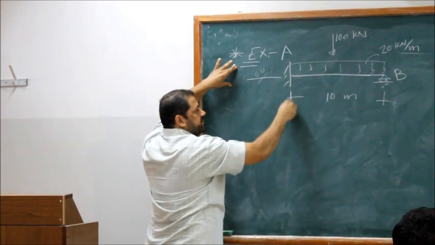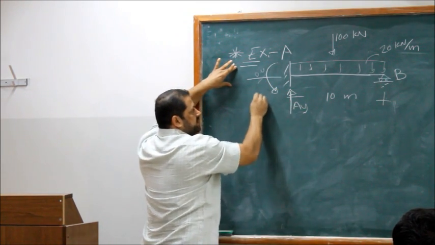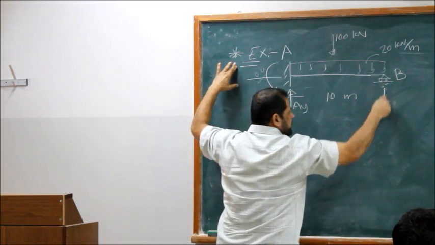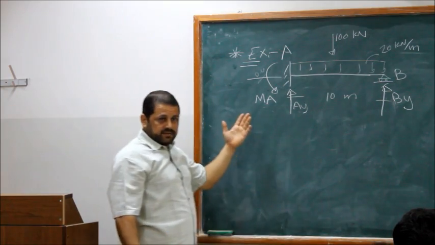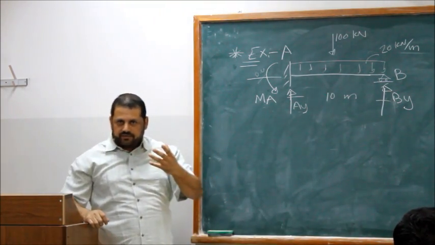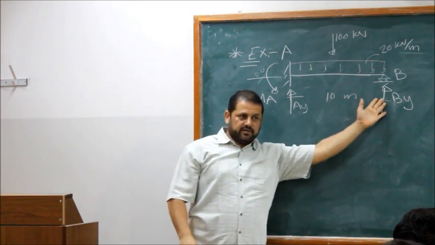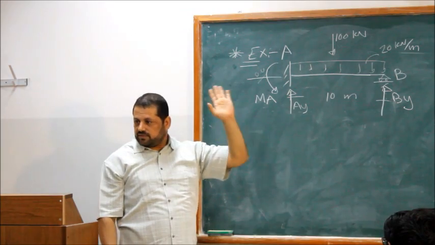We have AY. We have M at A, could be in this direction, could be in another direction. We have UI. If I know one of the unknowns, I know what's BY, then we solve it. I know what's MA, then we solve it.